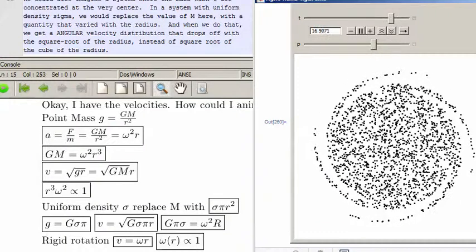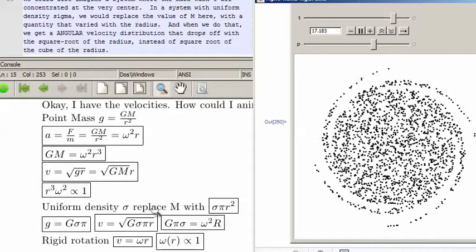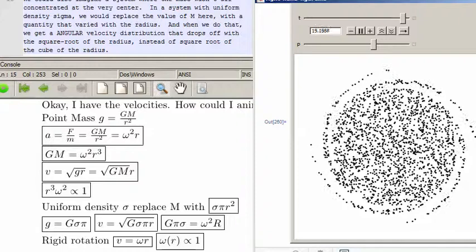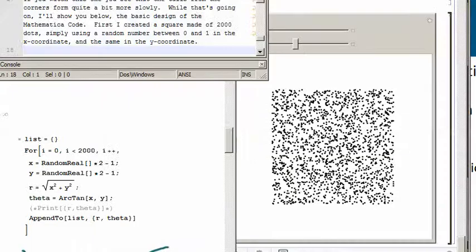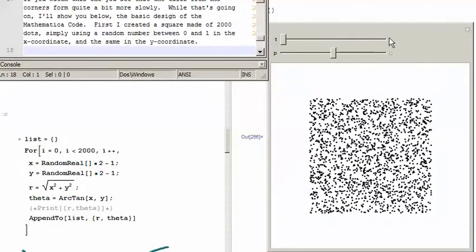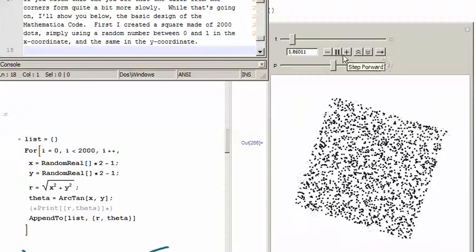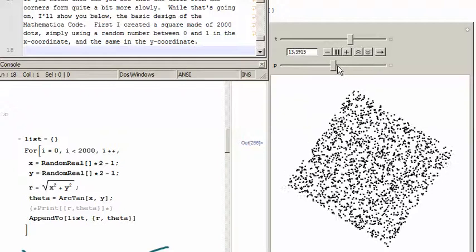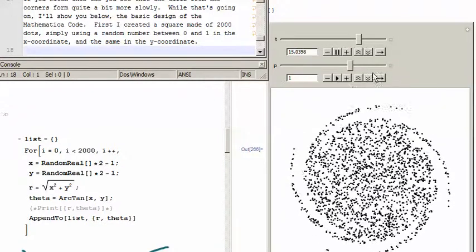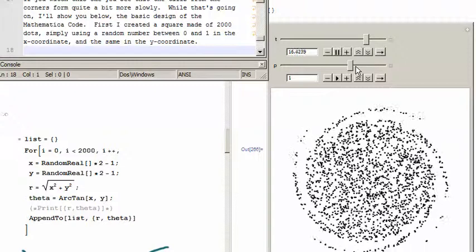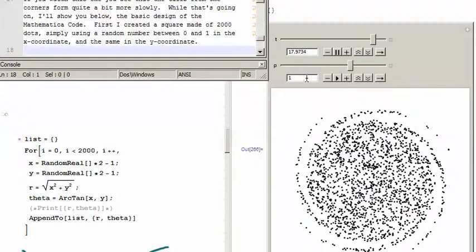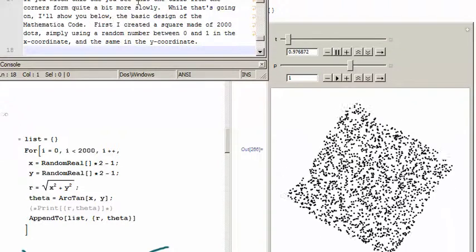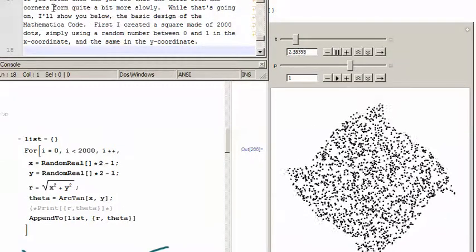And that kind of looks like this. Okay, if you watch this one, you'll see the tails from the corners form quite a bit more slowly.